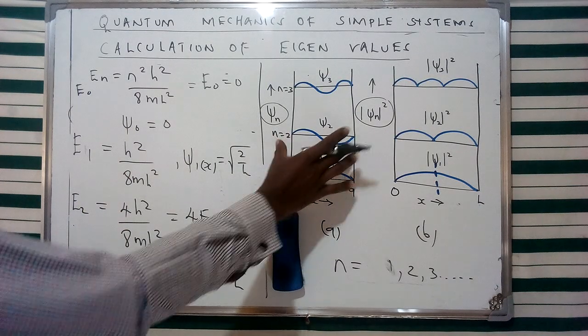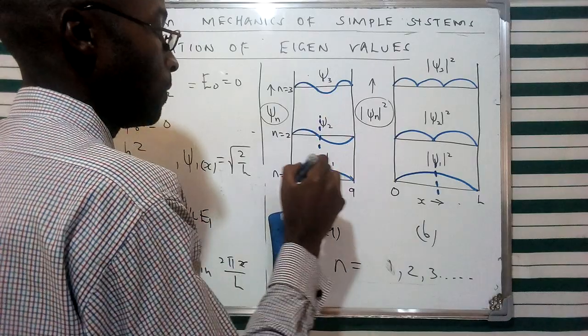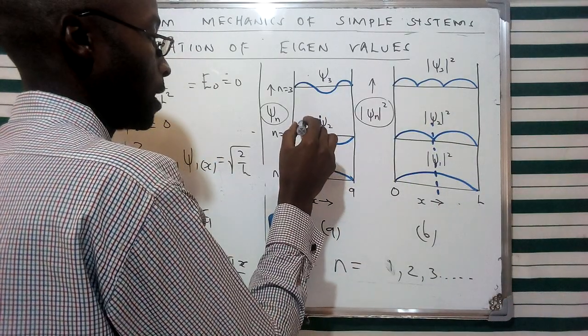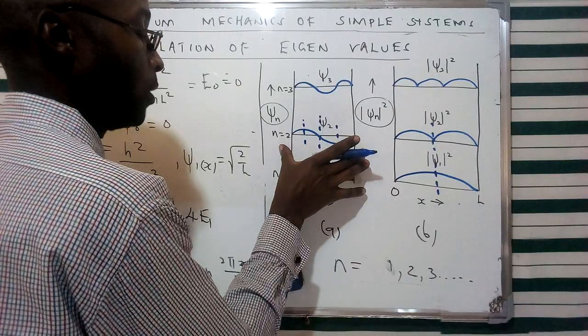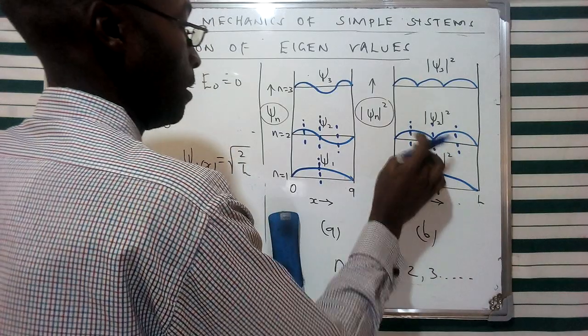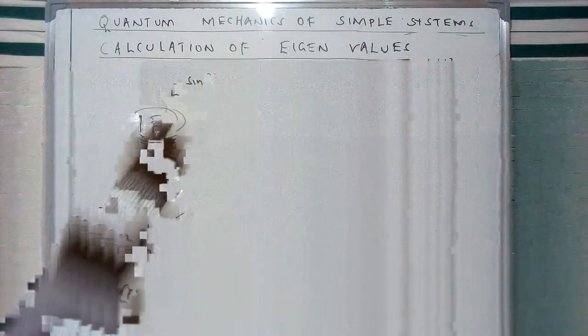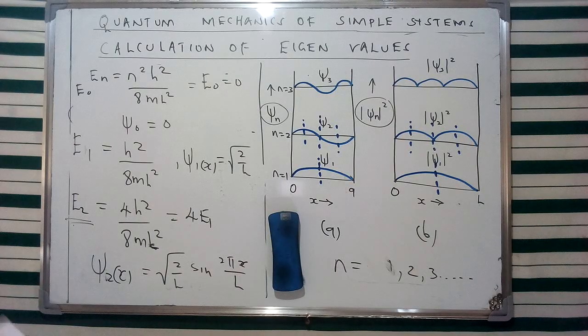So that one is going to go on, and then we're going to see that for the description of this specific case for n equivalent to 2, we're going to have the maximum displacement of the electron at the quarter distance from either side of the box, whereby this is the middle point, and of course the maximum displacement is going to occur at the quarter position of this specific function. Now for the positive of this square of the function being indicated at these two specific points, from the sides of the box as I've mentioned.